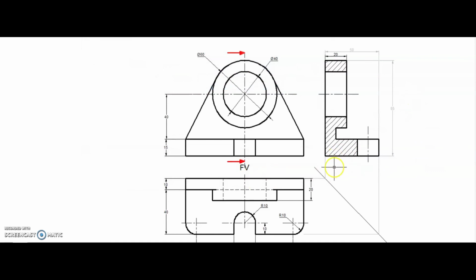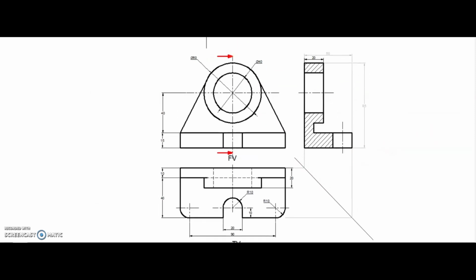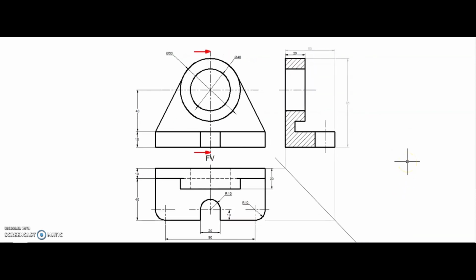Thus the sectional side view is completed. To complete it, pay attention to accuracy in line work, meaning line thickness and darkness. The second point is dimensioning techniques.